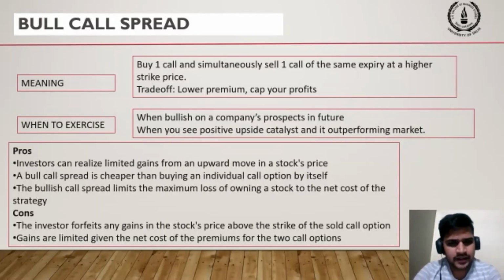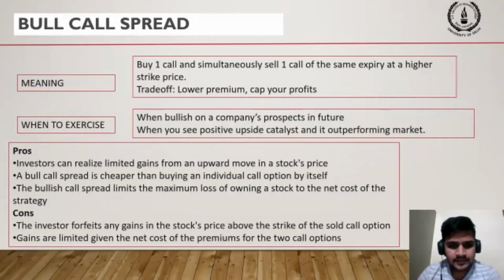So in a bull call spread, an investor simultaneously buys call at a specific strike price, which I explained earlier, while also selling the same number of calls at a higher strike price. So both call options will have the same expiration date and the same underlying asset.